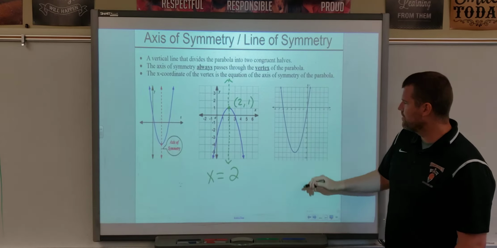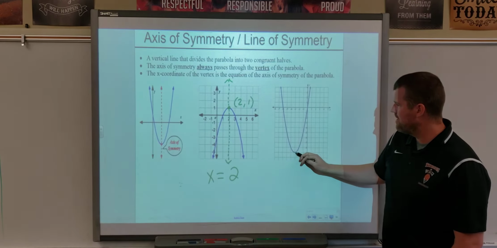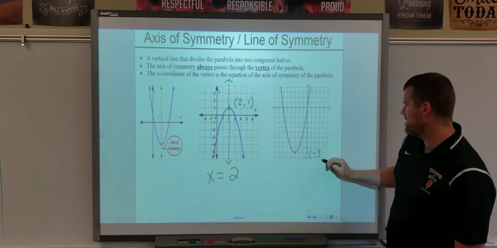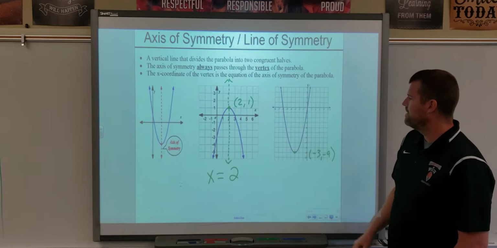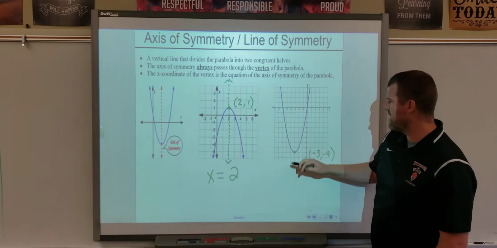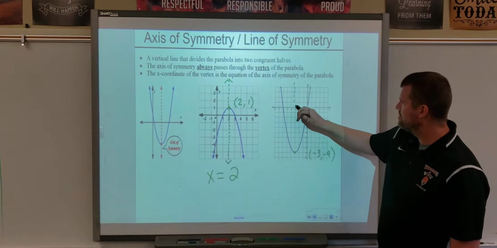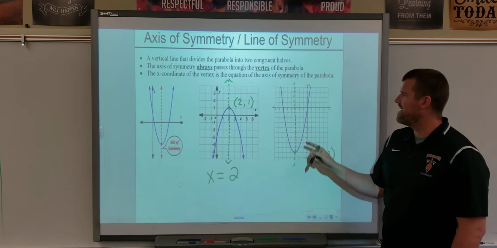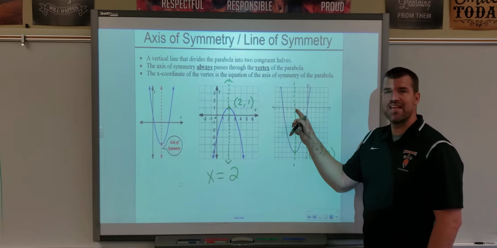Likewise on this one, we're going to find our vertex, which is at -3, -9. And our axis of symmetry will be the line that goes straight through that. So I'm going to go like this. And the x value that we went through is -3.